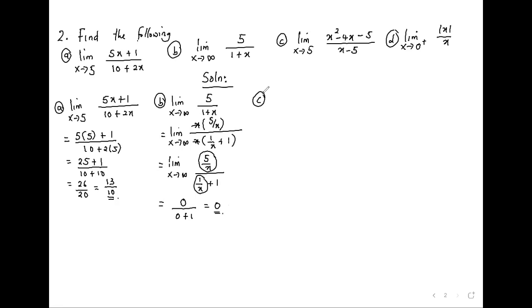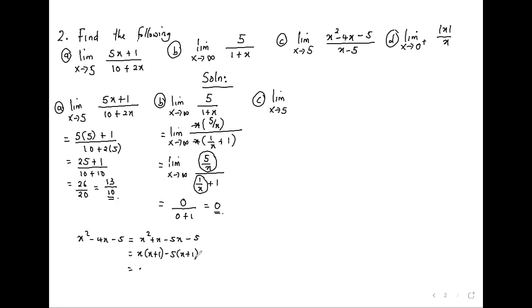See, the limit as x goes to 5. That quadratic there, we need to factorize it. So x squared minus 4x minus 5 is the same thing as x squared plus x minus 5x minus 5, which is x plus 1 minus 5, x plus 1.